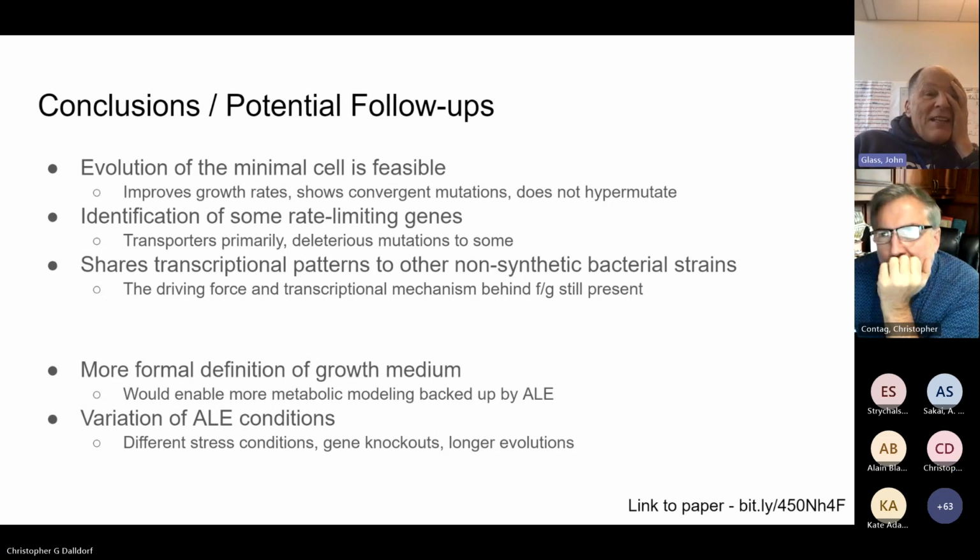The big difference is that FtsZ mutated in their experiments and not in yours. In the wild type cell, the cell got larger with FtsZ mutations, and in the minimal cell, the cell got a little smaller with FtsZ mutations. But the protocol for sampling was different.